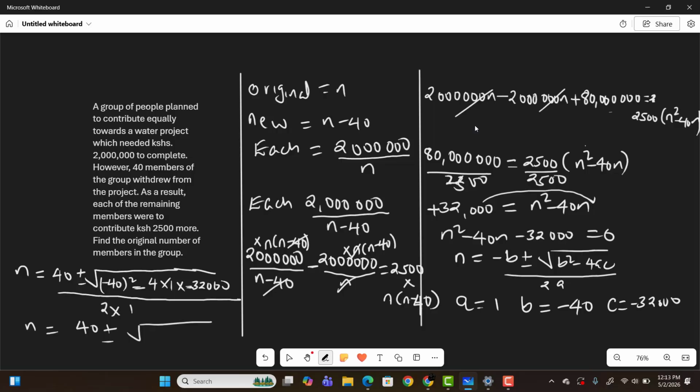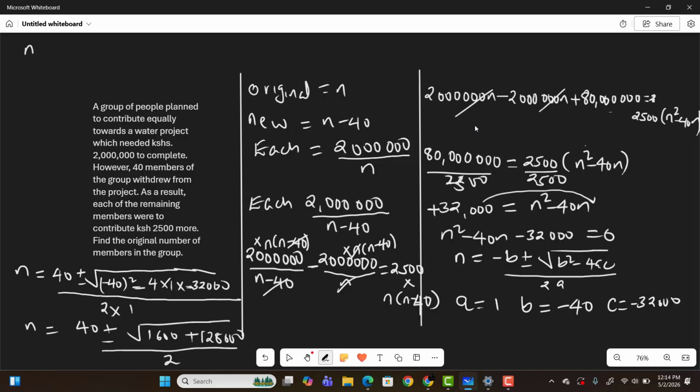This is going to give us a positive. 40 squared will be 1,600, and then we're going to add 4 times 32,000, that's 128,000, and then divided by 2 times 1, which is 2.